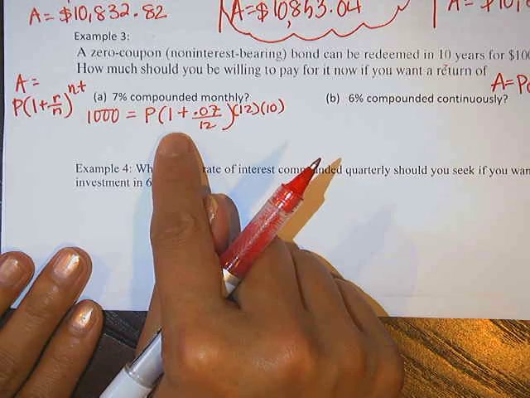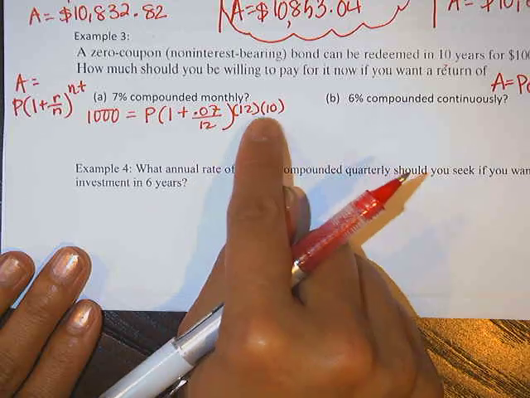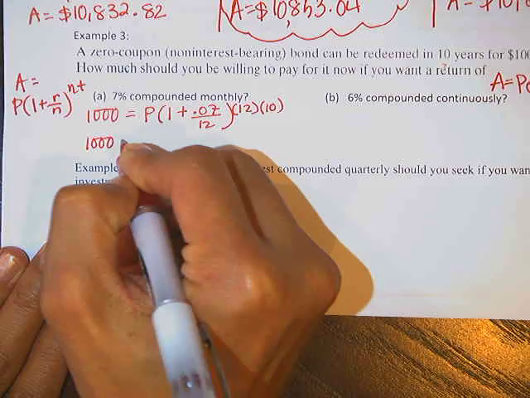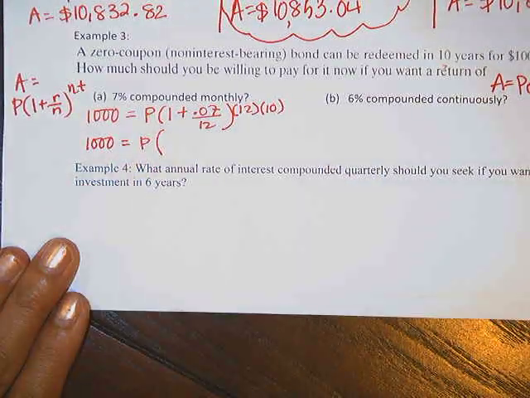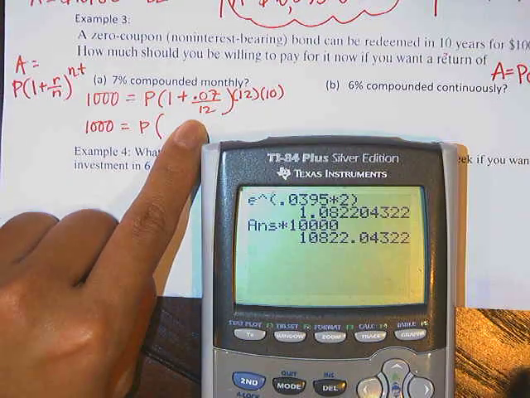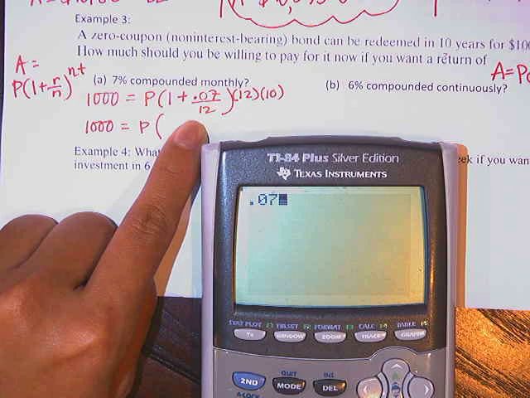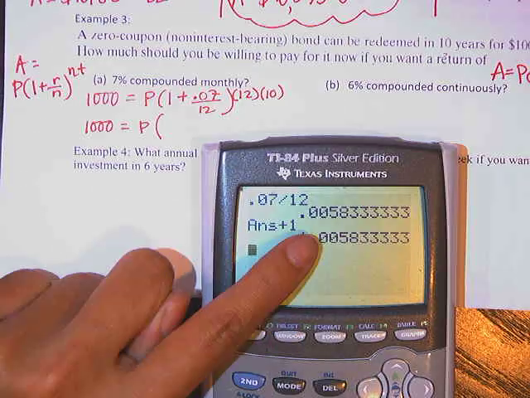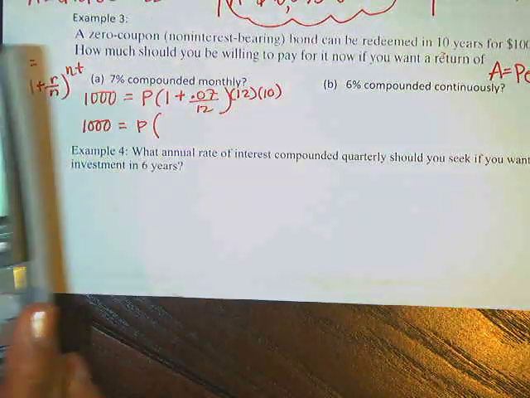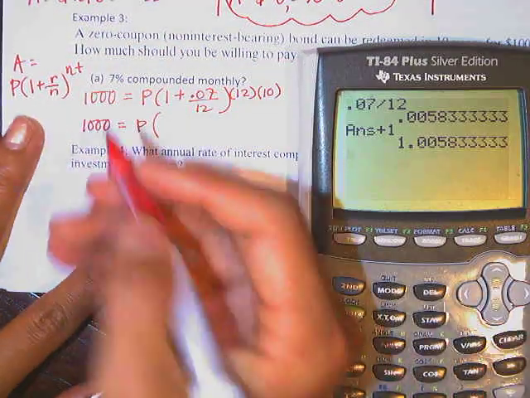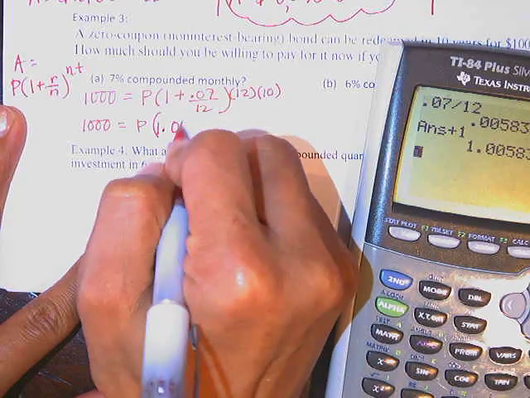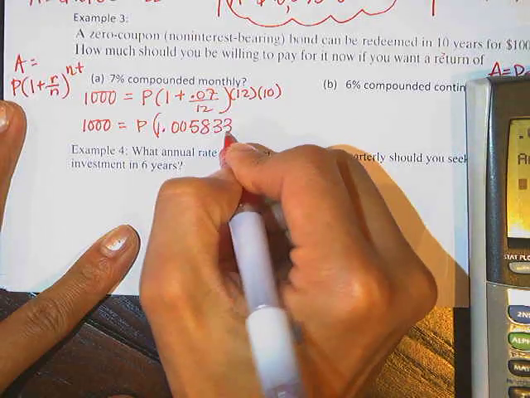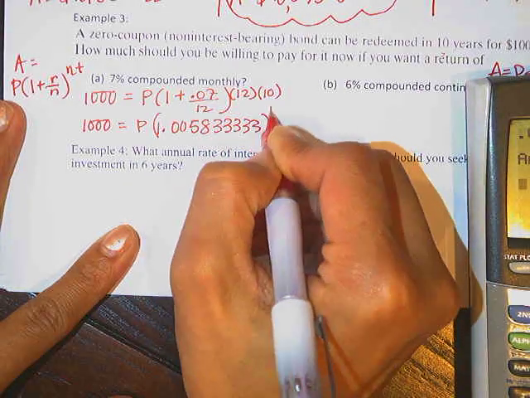So first, 12 times 10 is 120. Okay, so this is 1,000 equals P times, I'm going to divide 0.07 by 12. So 0.07 divided by 12. Add 1. And again, I don't want you to round until the very, very end, okay? So I'm just going to write all of those decimals out. Here we go. 1.005833 to the 120 power.